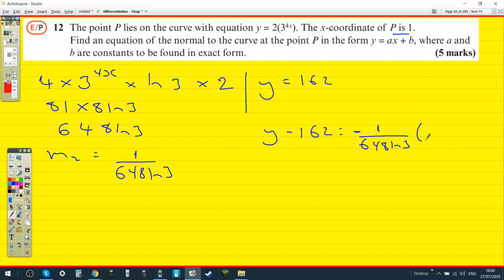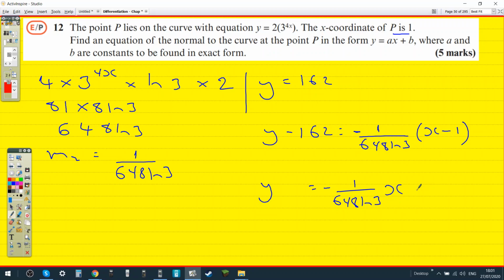I really don't like this. x minus 1. You could just go from there. Yeah. Yep. How to solve that? Hang on. So y equals minus 1 over 648 ln 3 x. Then it'll be 162 plus that.